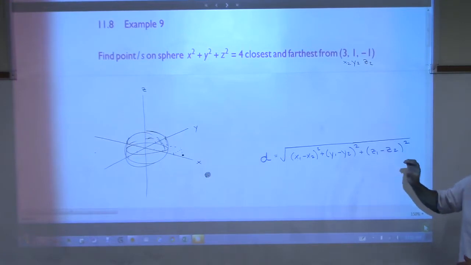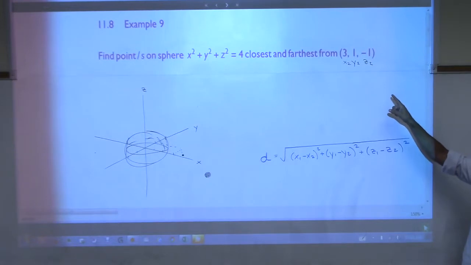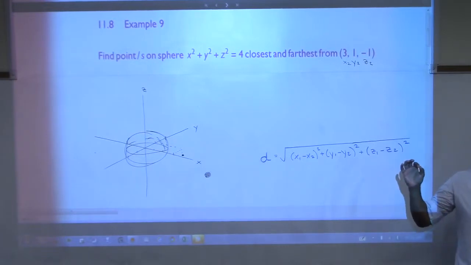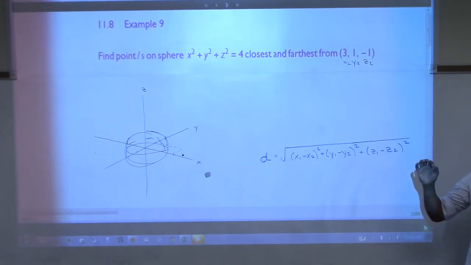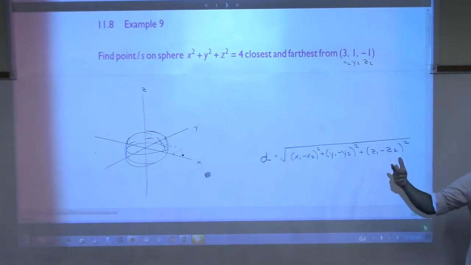I'm trying to find the distance between 2 points, right? One of them is this one for sure. But what about the other point? Is it actually fixed? It's any point on the sphere, right? Any point on the sphere?